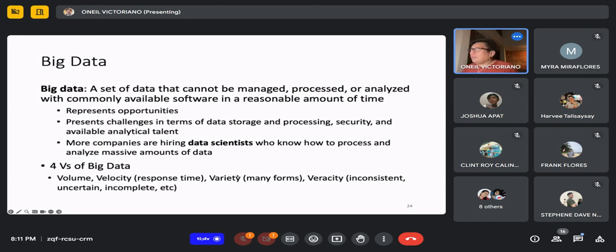Variety. So we said earlier for unstructured data, we have many forms like video, audio, text, documents, files. And veracity, so inconsistent, uncertain, incomplete data, which is what we discussed earlier in data quality, that there's a need for data quality from data governance. So we have to look into this as an input for analytics.